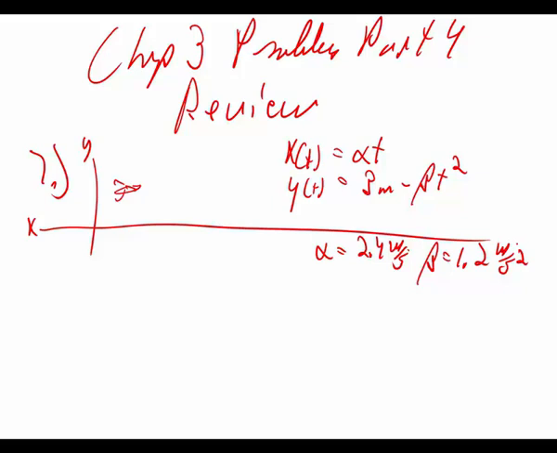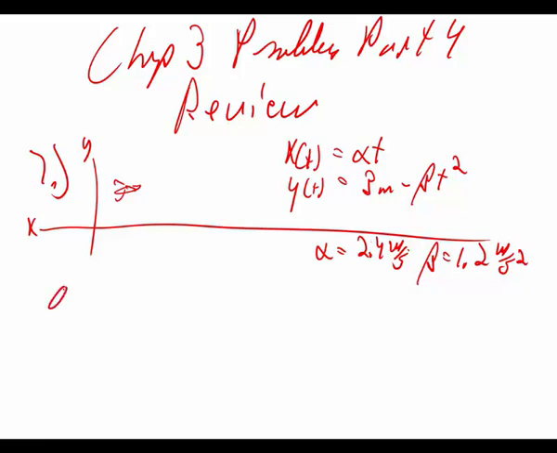Sketch the path of the bird between time 0 and time 2 seconds. So we got to sketch the path between time 0 and time 2 seconds. Well, what was it at time 0? Notice its x component at time 0 goes to 0, right?